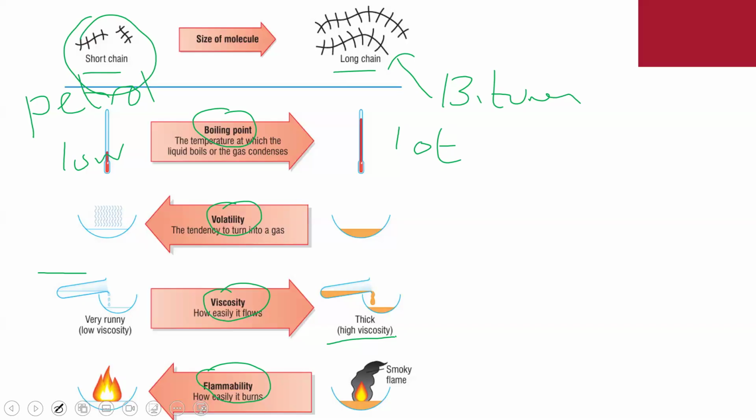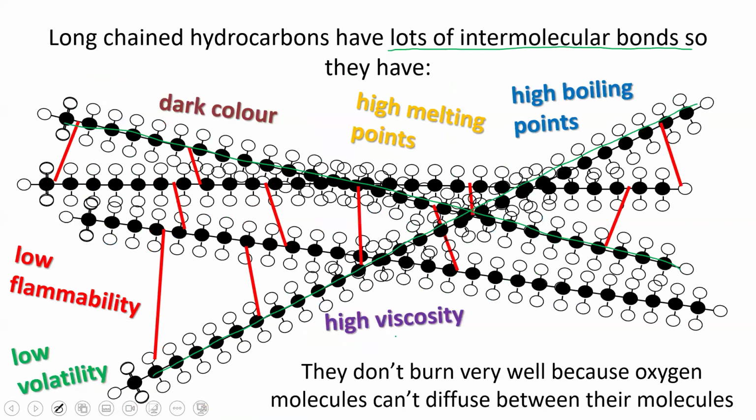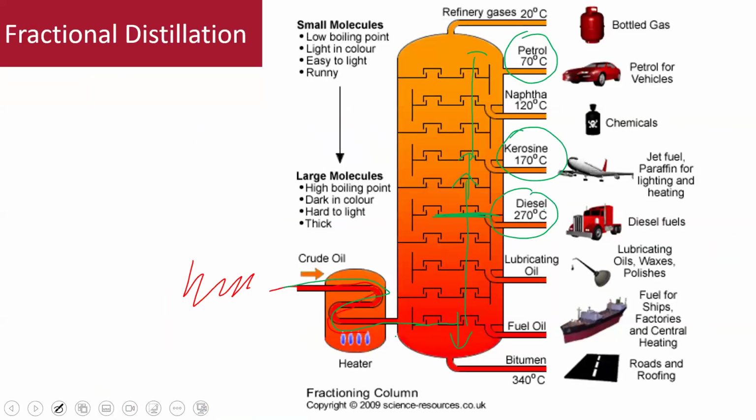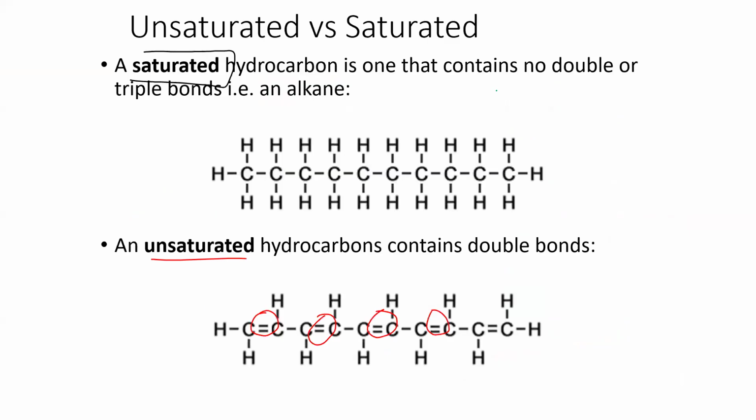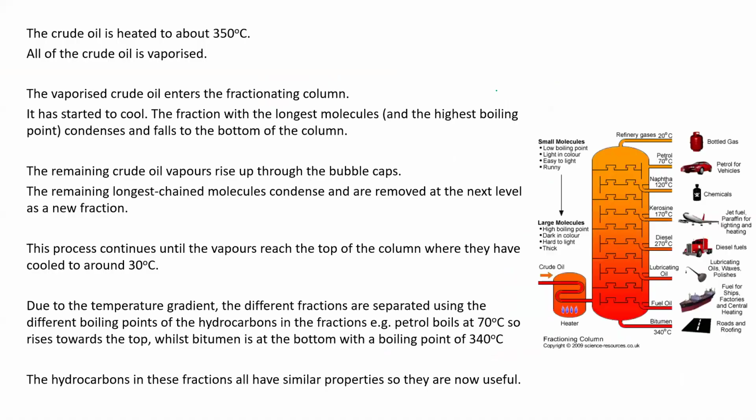They're going to talk about petrol. They might talk about kerosene. They might talk about naphtha, which is in the plastics industry. They might talk about diesel. But what you've got to remember is that the longer the chain, the more intermolecular bonds there are.